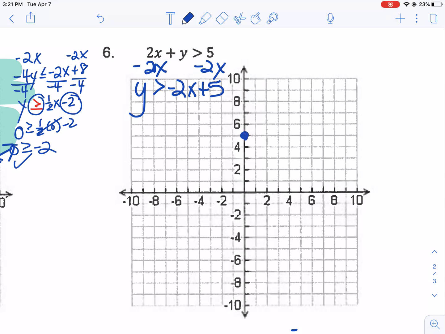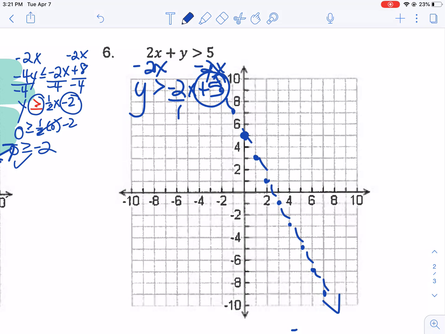So up to 5 for our y-intercept. Our slope is negative 2 over 1, down 2 over 1, down 2 over 1, and up backwards. All right, we have a dashed line, since we just have a greater than symbol.